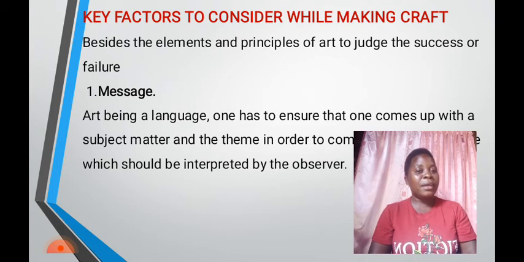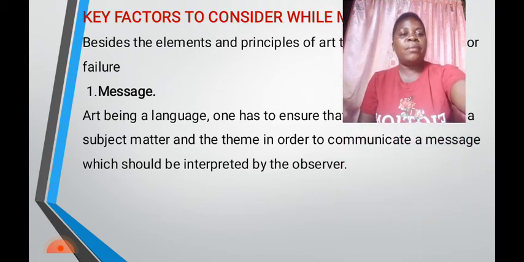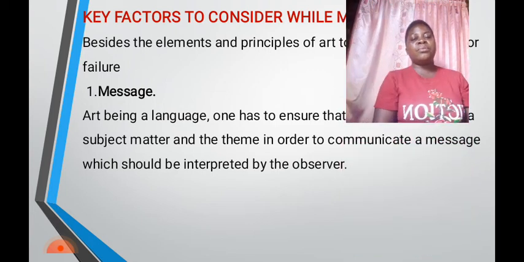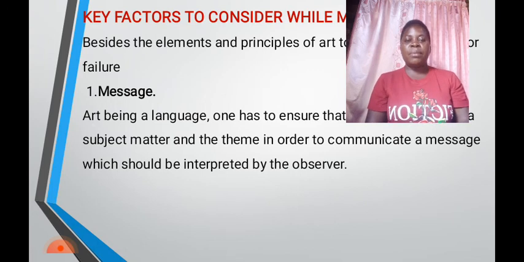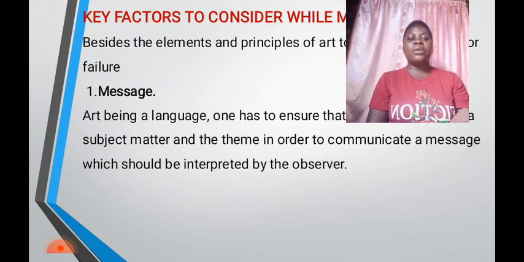Are we together, members? As you are writing this work, remember it is the theory, and you want to explain about message. So you can just say, art being a language, one has to ensure that the work has a subject matter. Subject matter, those are areas of emphasis.